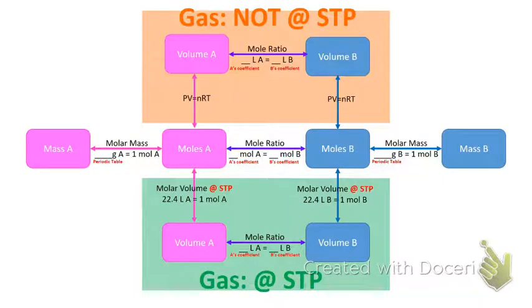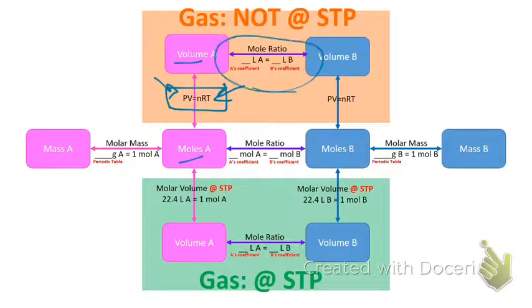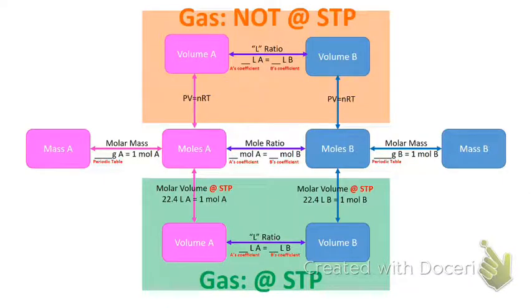So if I'm not at STP, then I would have to use this equation, the ideal gas law, in order to solve for either my volume or my moles. I just have to plug in that temperature and that pressure and an R. But if you notice, when I added this section over here, I'm still adding that we can do this mole ratio, or really this is where I said that this is going to be our liter ratio in here, just like down here. But there we go. Changed it over.